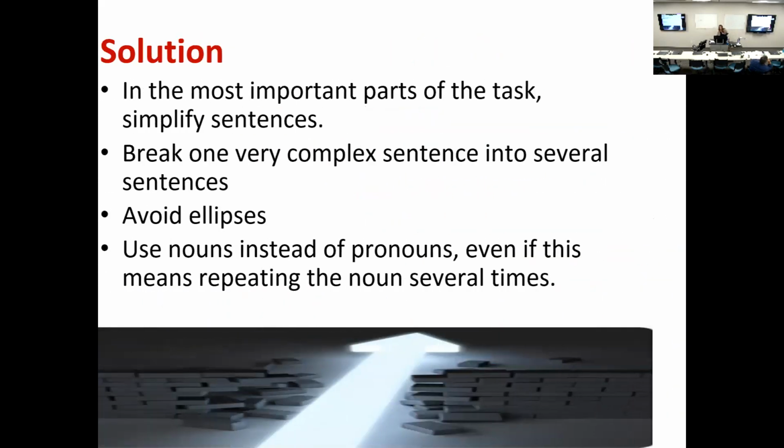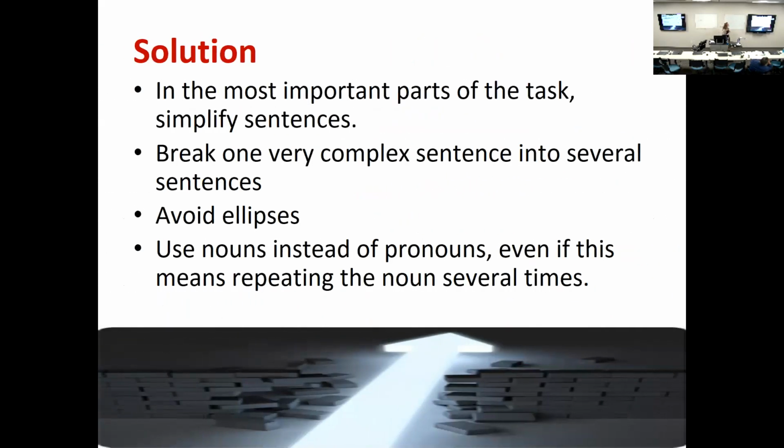Okay, so the important thing when you're looking at your prompt is, in the most important parts of the task, simplify sentences. You can break one complex sentence into several smaller ones. Avoid structures that omit words, and use nouns instead of pronouns, even if this means repeating the same noun several times.